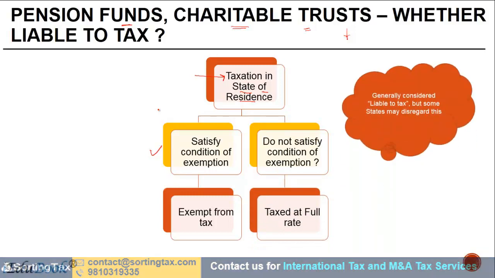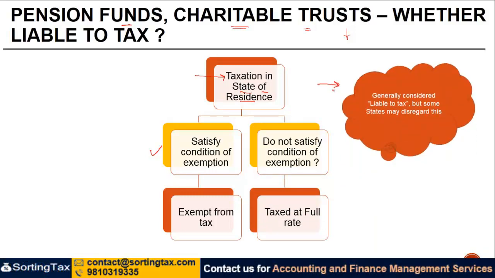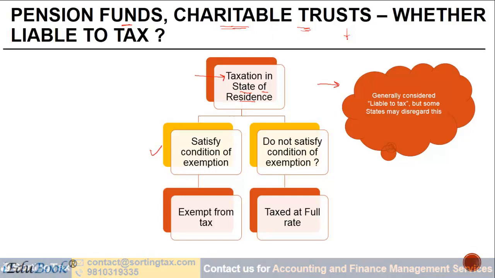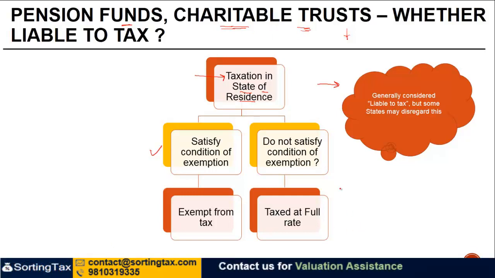In such a case, they are generally considered as liable to tax, which means they are considered as a resident and therefore entitled to the benefit of the treaty. But many countries do not agree to this viewpoint. They may say that if they are exempt from tax, the conditions are such that they will always be met, and they may not give them this benefit.